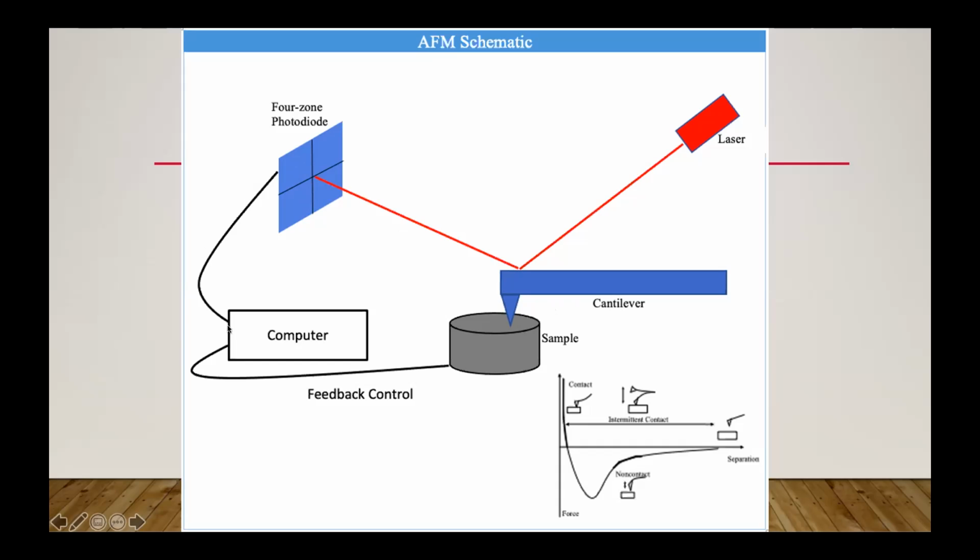Then this goes to a computer, so the computer can tell where the light is shining on this photodiode, and then it gives feedback control to the sample.